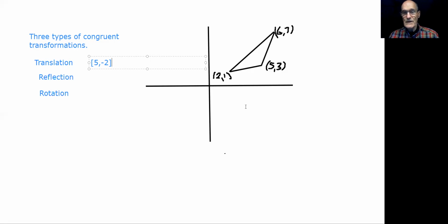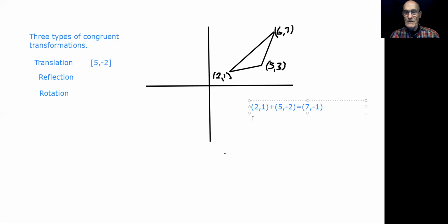So if I come over to each one of these points, I've got 2 comma 1, and I add to that 5 comma minus 2. Then my new set of coordinates is 7 comma minus 1.